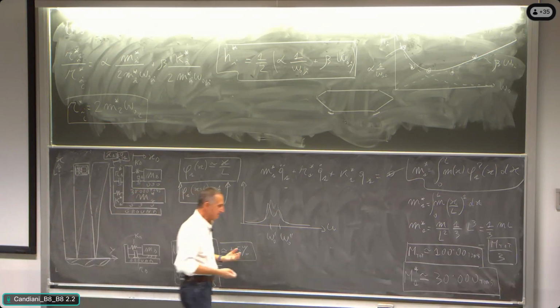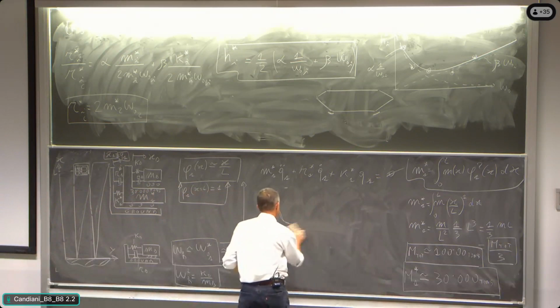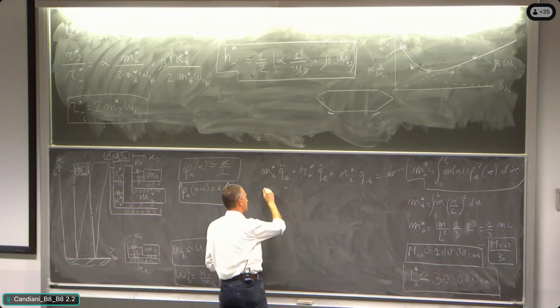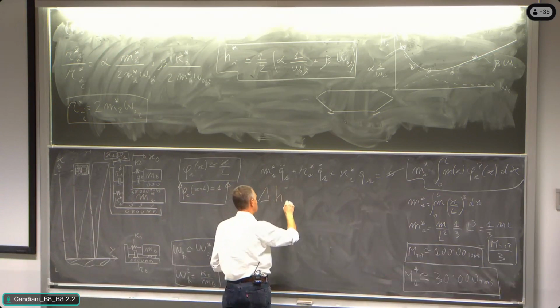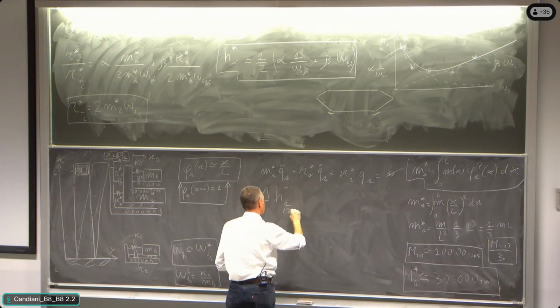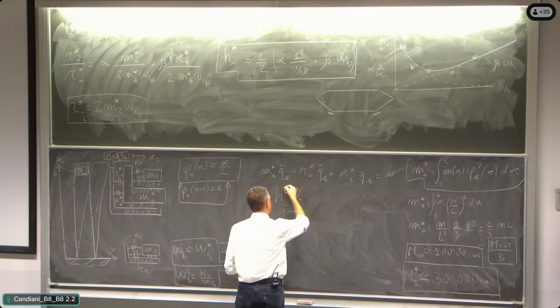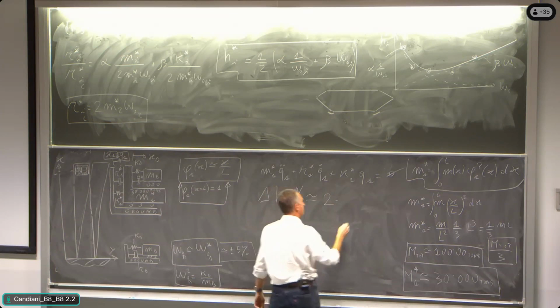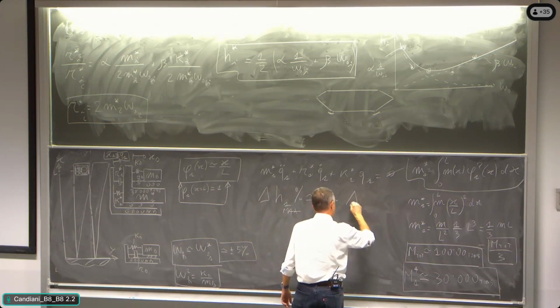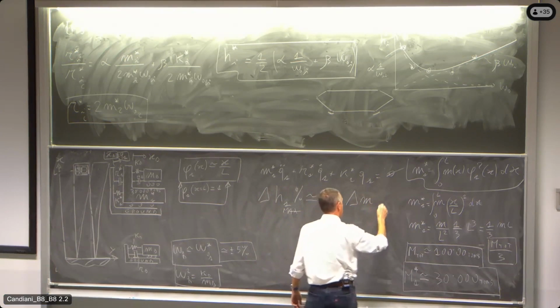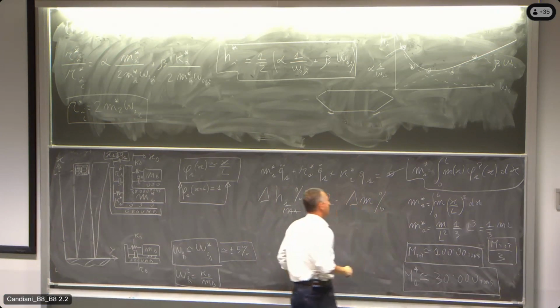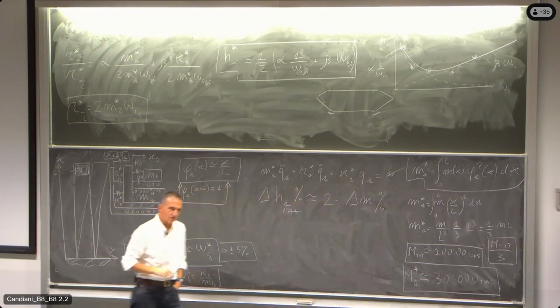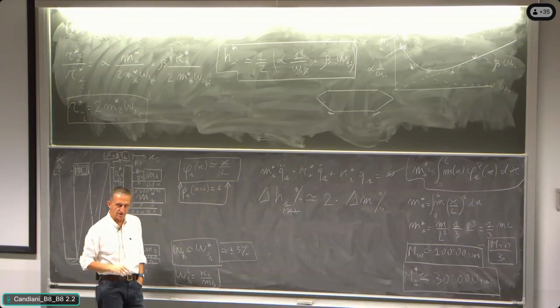The rule of thumb for this behavior is that the maximum increase, delta H1 max percent, is about twice the increase of mass associated to the damper.